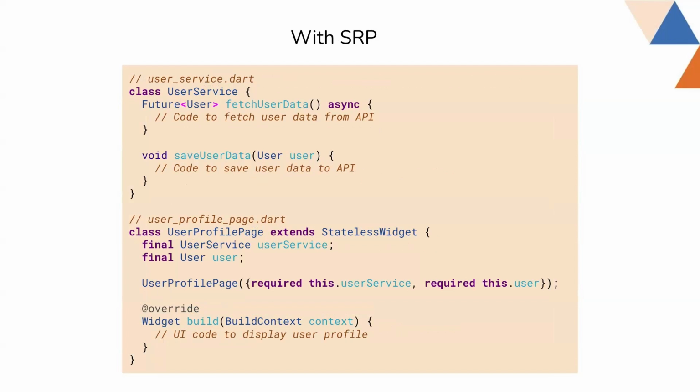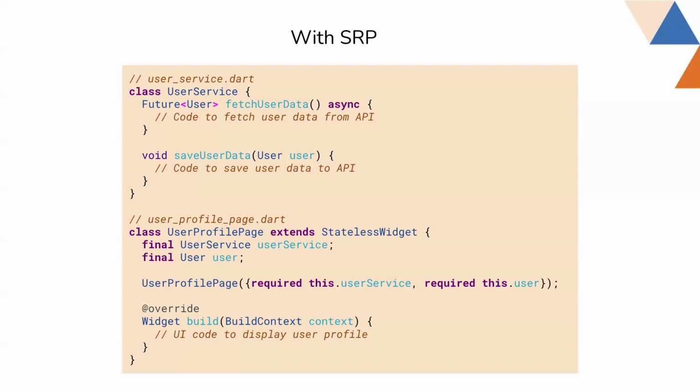So the user profile page class itself has a build method, and it is responsible for showing the UI to the user. Anything that comes from the API, meaning the network things and the saving part, has to be handled by the user service class. That's how we separate everything into one class, where the user service is responsible for fetching or saving the user data on the API.